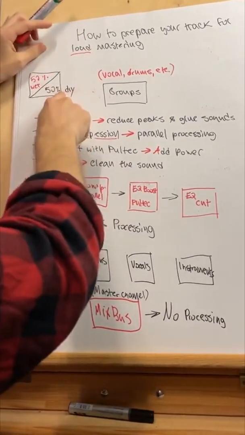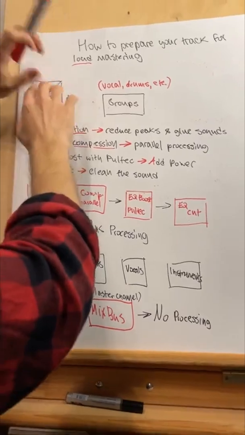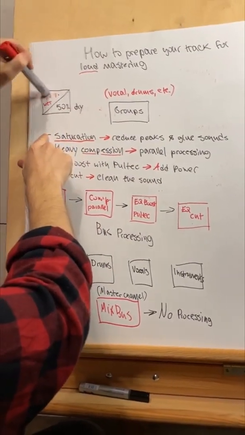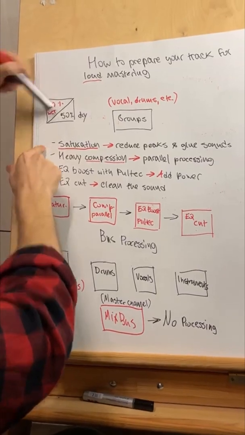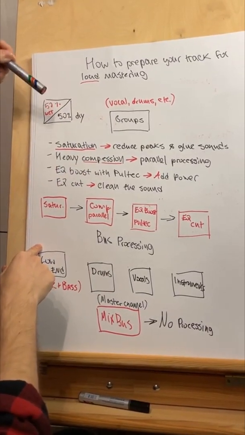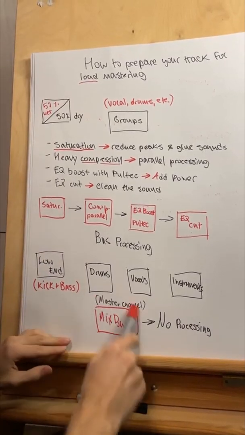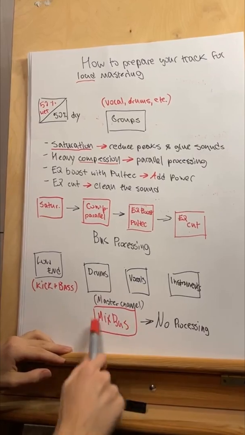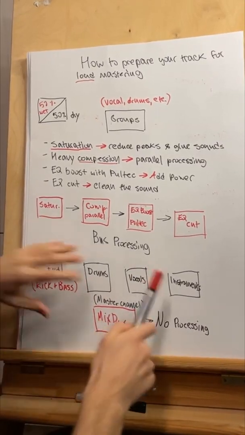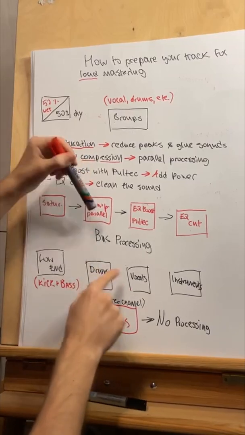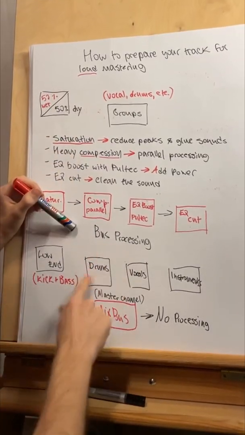You keep the dynamics and the original sonic characteristics, but at the same time you mix in, for example, heavily compressed signal. This is why we shouldn't worry about the dynamics on the mix bus or the master channel. Every processing you do is on the groups and on the individual channels inside those groups.